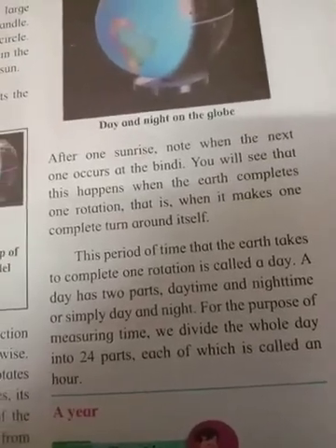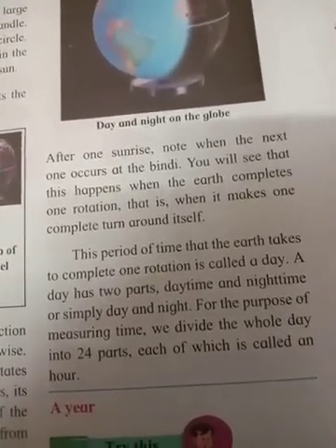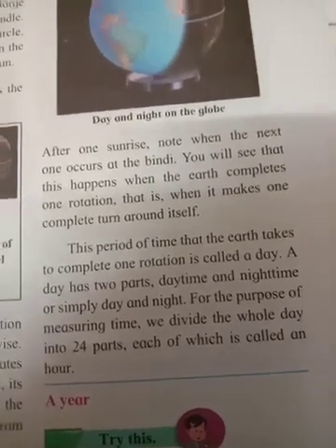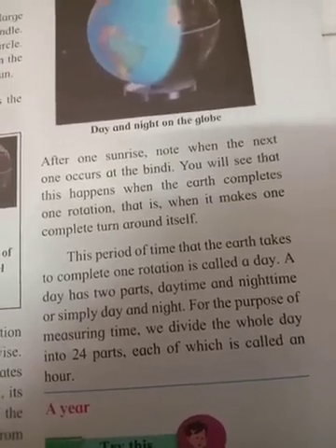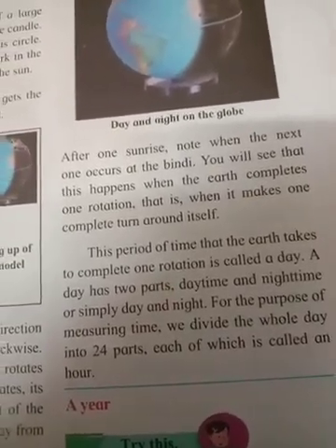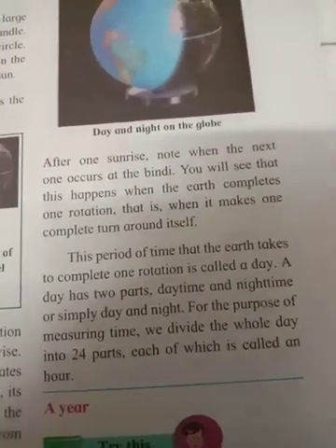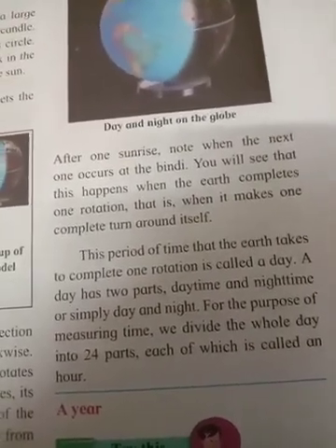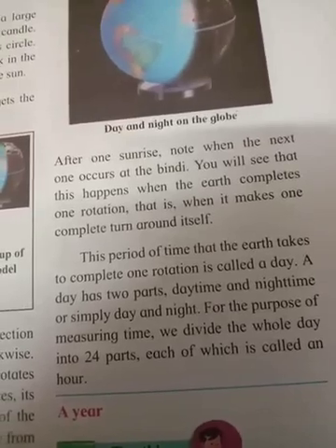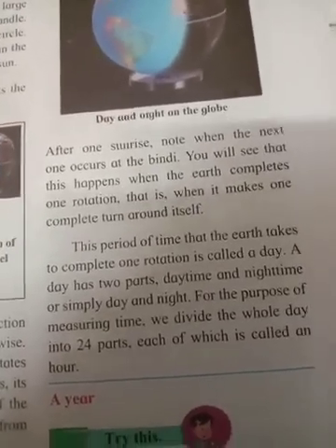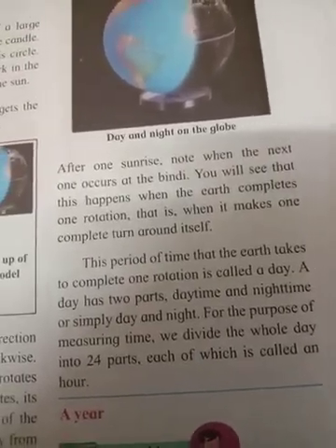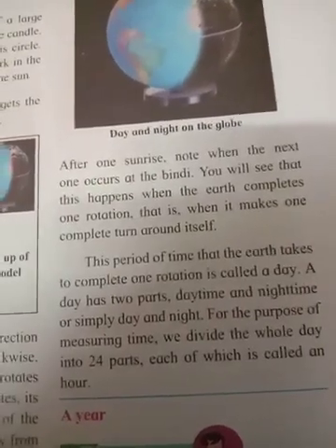A day has two parts, daytime and nighttime, or simply day and night. For the purpose of measuring time, we divide the whole day into 24 parts, each of which is called an hour.